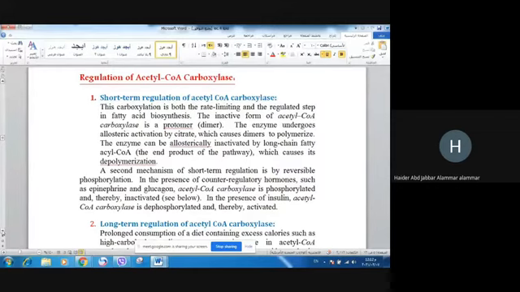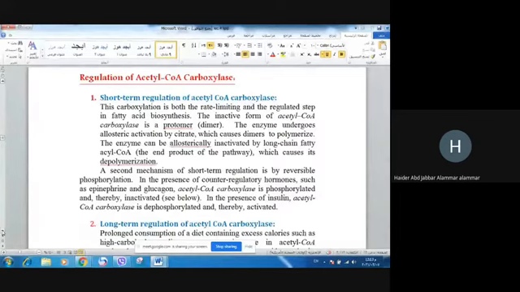Of course, this enzyme is naturally present or available in active form. What is the active form? It is a dimer, a protomer dimer of acetyl coenzyme A carboxylase. This enzyme undergoes allosteric activation.